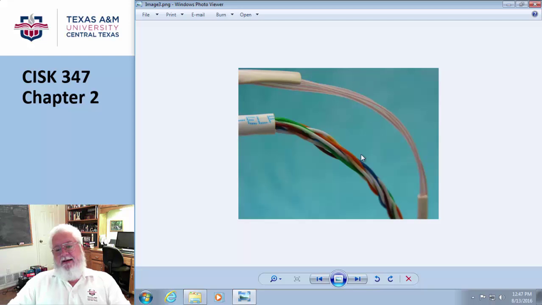This is a cat 5 cable here. And basically, the higher the category, the more data carrying capability it has. So you might notice that in twisted pair, you can see, for example, these have little twists in them, and this is good stuff.